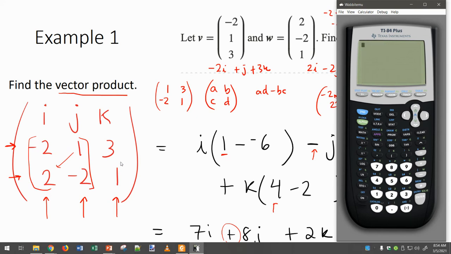So you would have to break these into all 3 square matrices if you want to use your calculator. There's nothing that says vector product here that's going to help us. So this is the only way to do this by hand.